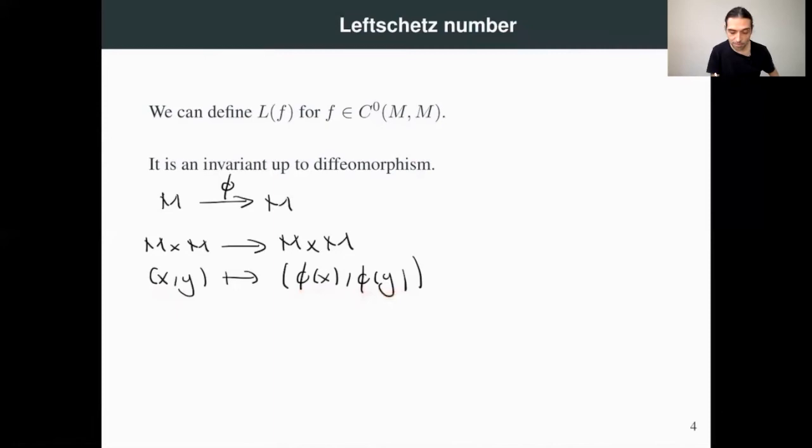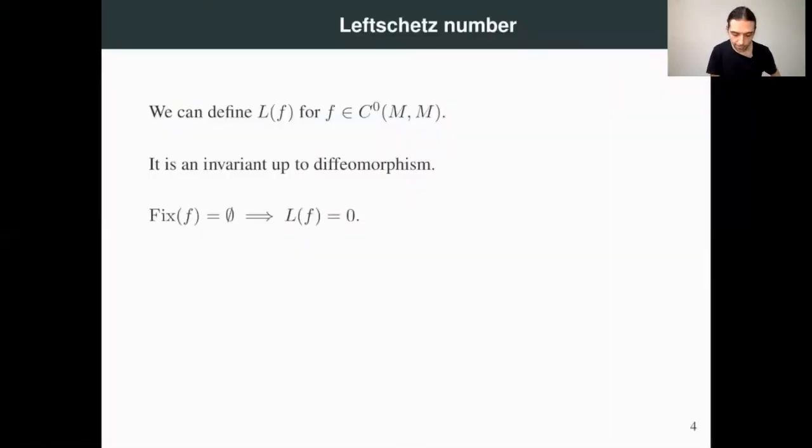So this map, which we can call phi times phi, is always orientation preserving. Essentially because of that, the Lefschetz number is going to be a diffeomorphism invariant.